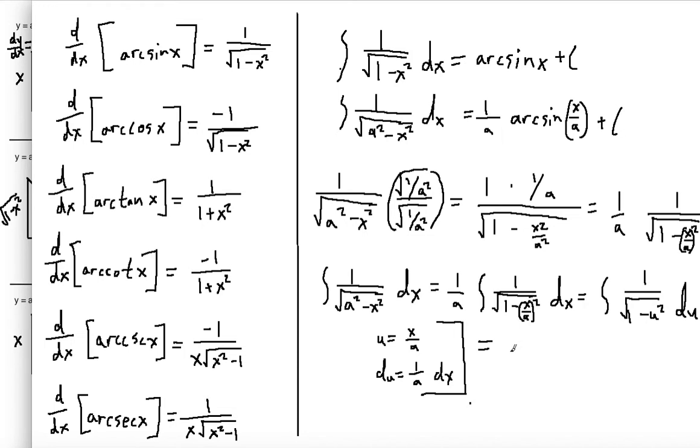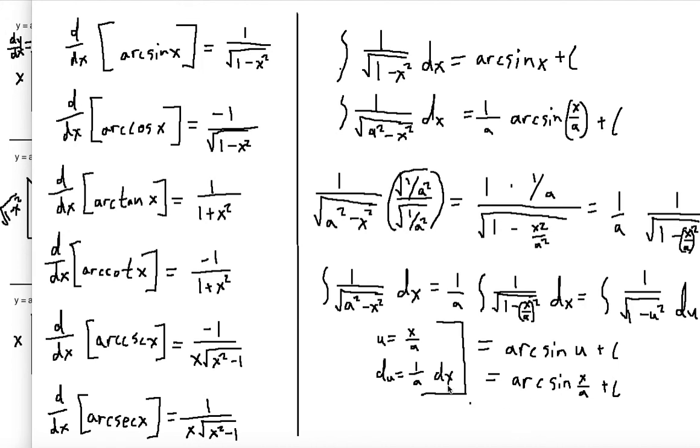And so now I'll get out the arc sine of u plus c, which is equal to the arc sine of x over a plus c.